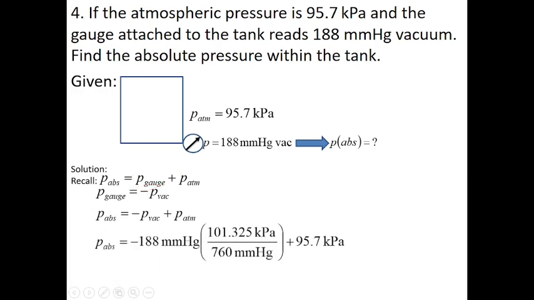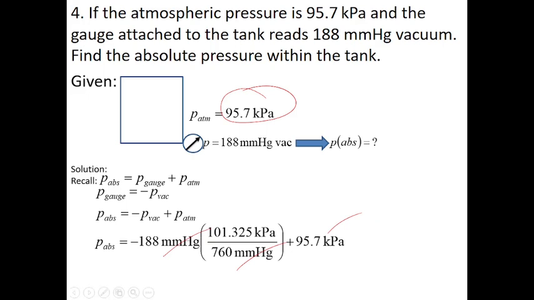With that, we have negative 188 millimeters mercury. And for every 760 millimeters mercury, there are 101.325 kilopascal. So this will be cancelled. And then the atmospheric pressure is 95.7 kilopascal.